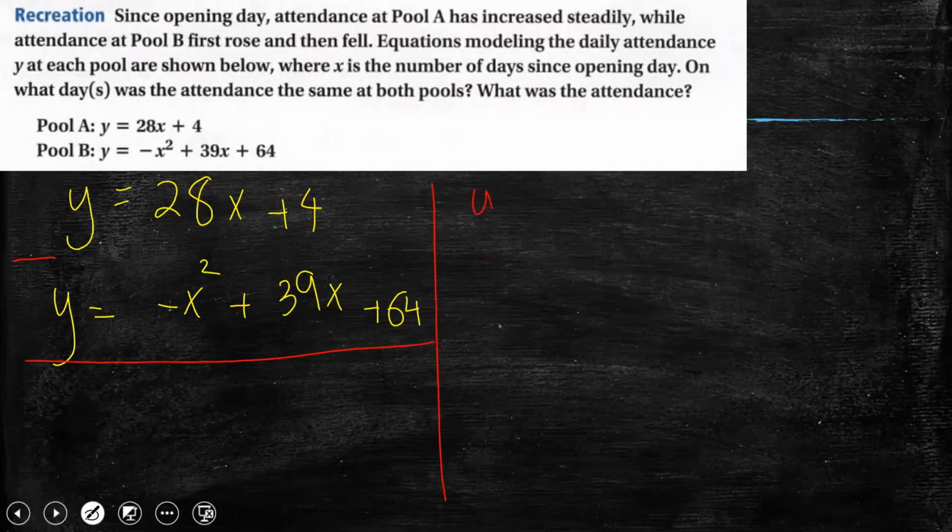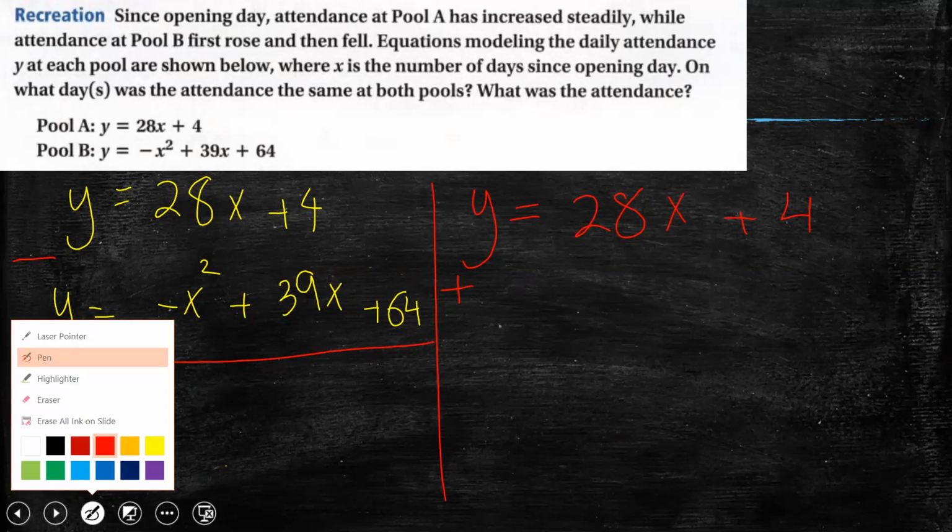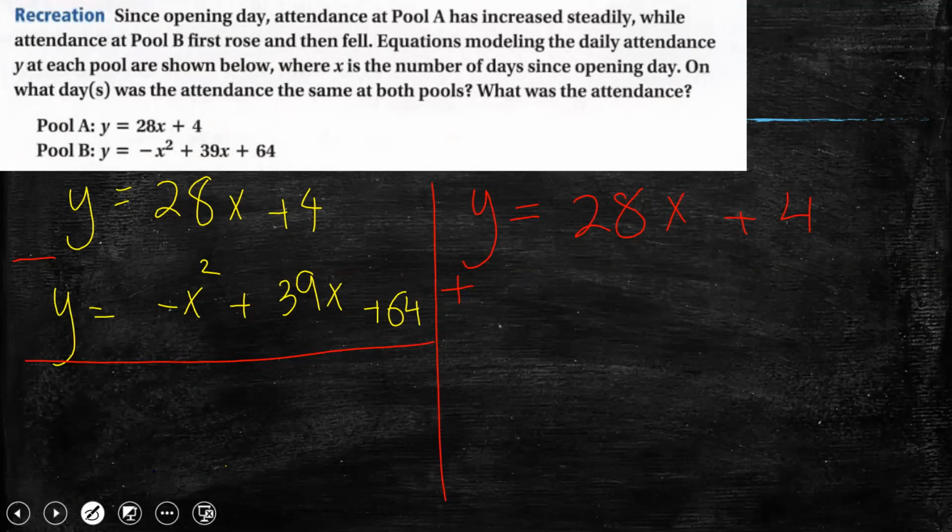I have y equals 28x plus 4, and then the plus sign, and I change the sign of each term.